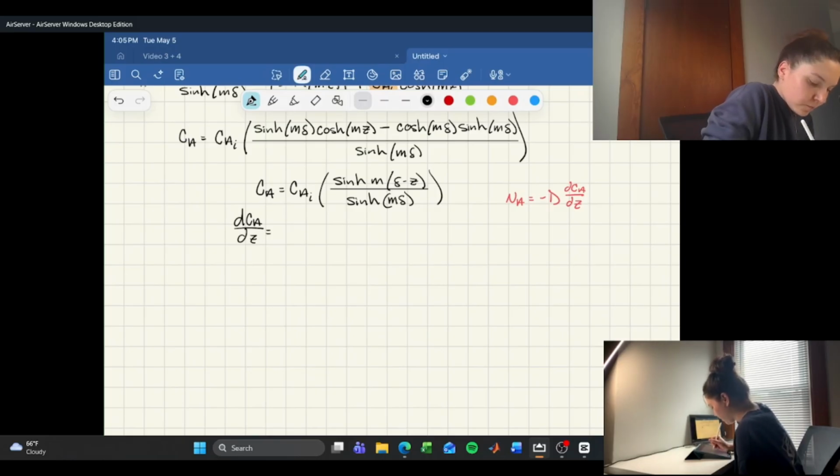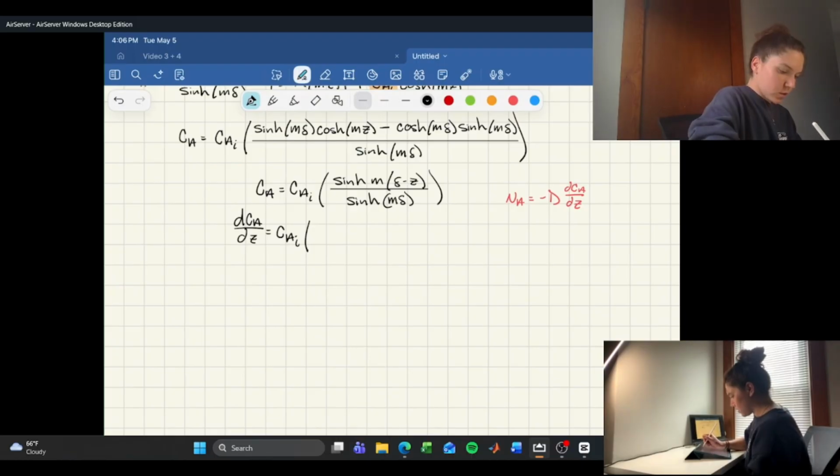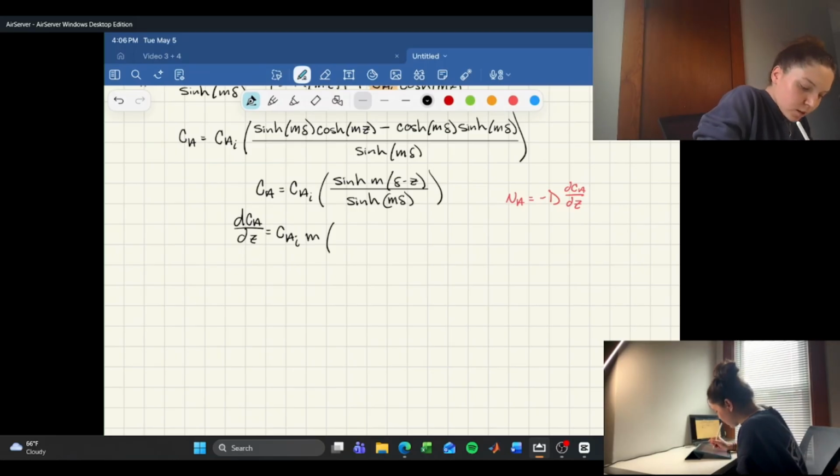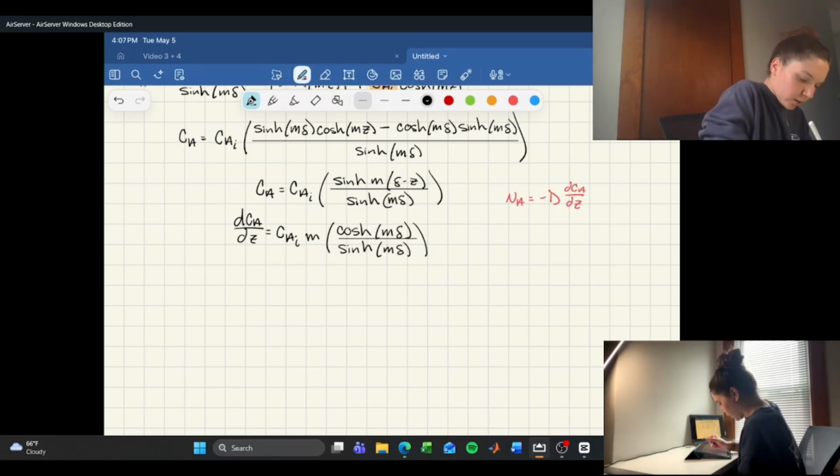It's going to be equal to concentration of A at the interface times, there should be this times m, times the hyperbolic cosine of m delta over the hyperbolic sine of m delta, and this will be a negative.